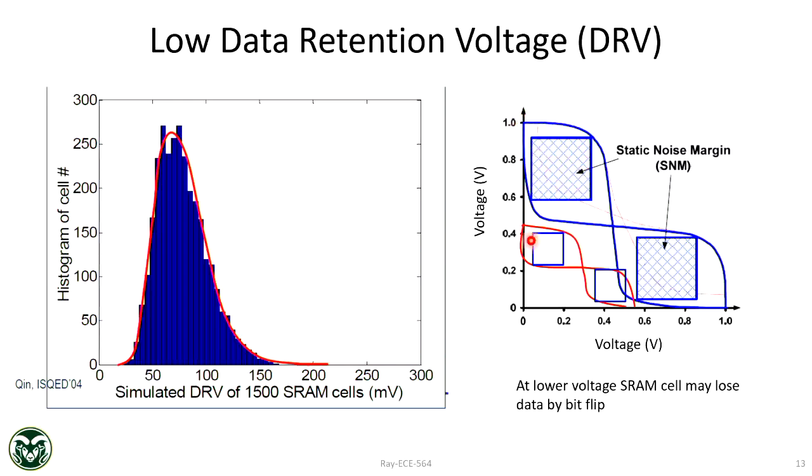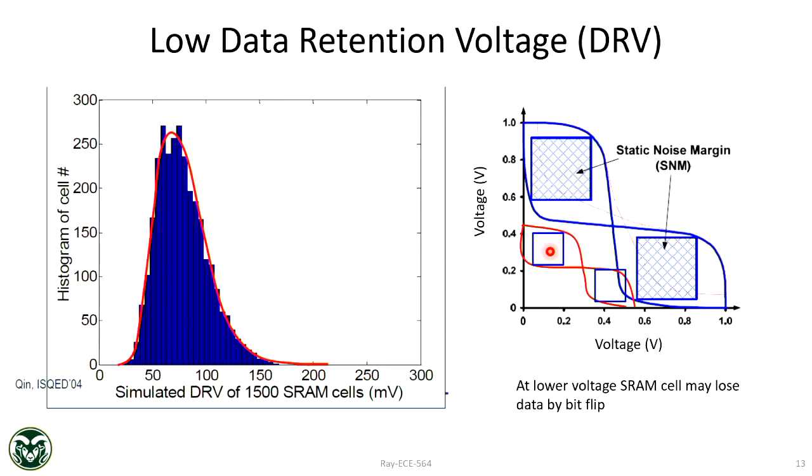But if you lower the voltage, your butterfly curve will be similar but looking like this, RAD1. RAD1 is when your SRAM operating voltage is, say, 0.5. The blue one is when the SRAM supply voltage VDD is 1 volt. Then this is your butterfly diagram or static noise margin curve. When you're operating at a lower voltage, at 0.5, this square size is also low. That means a little bit of noise can trip you off, right?